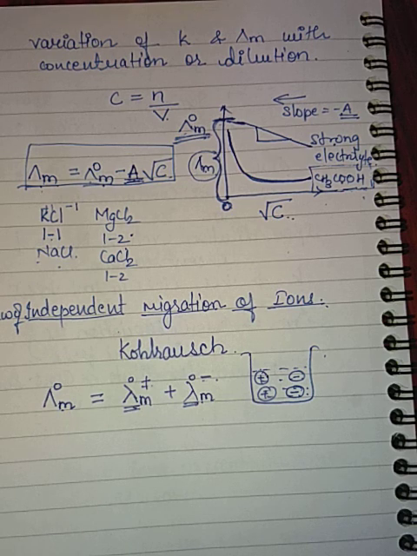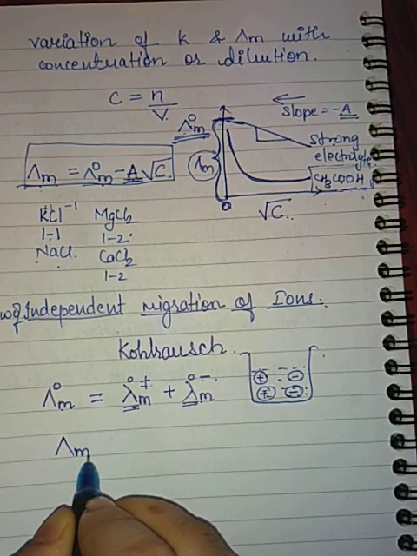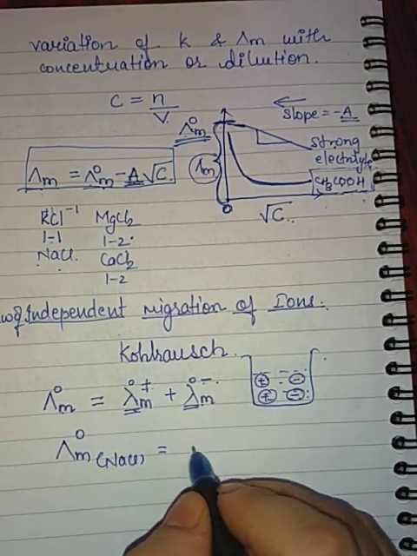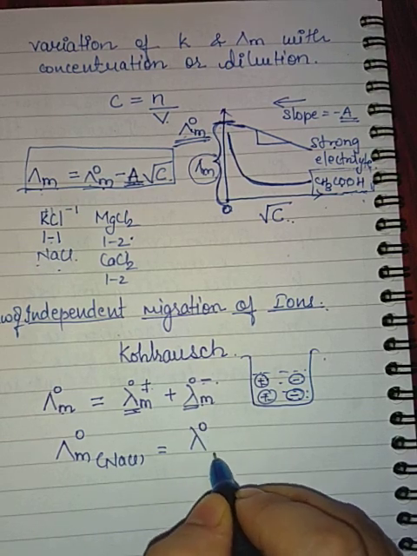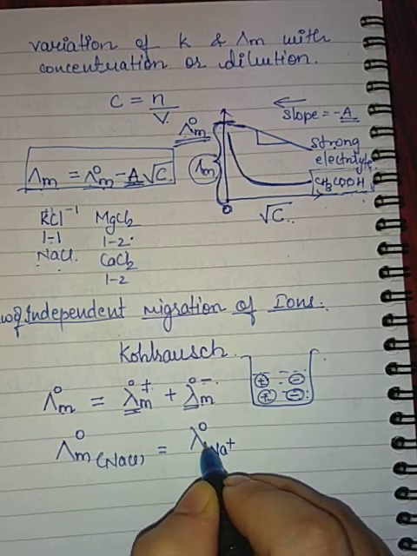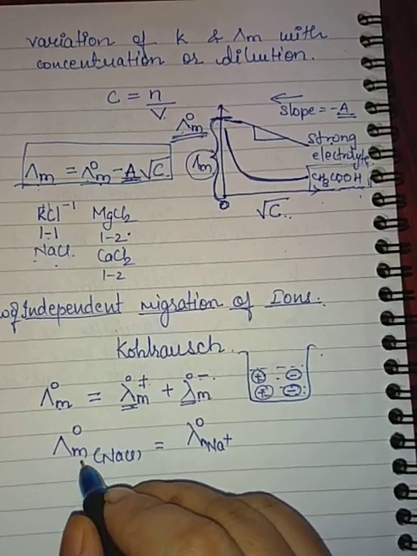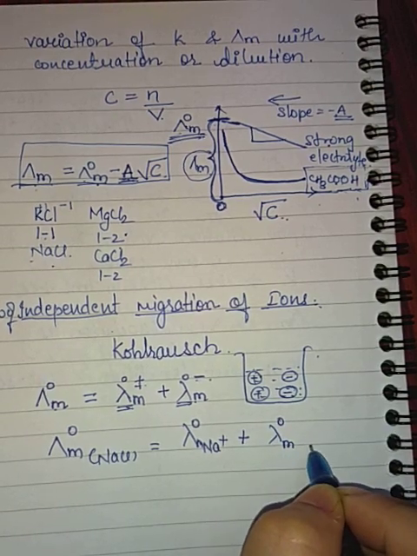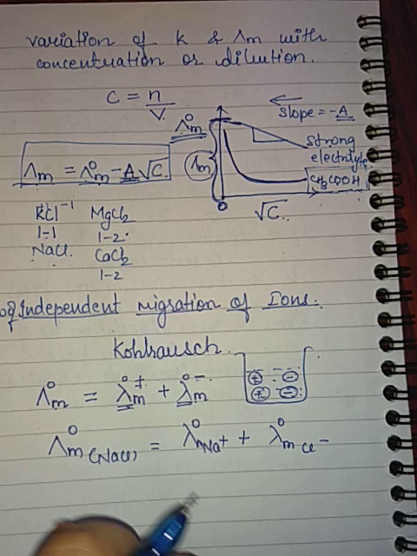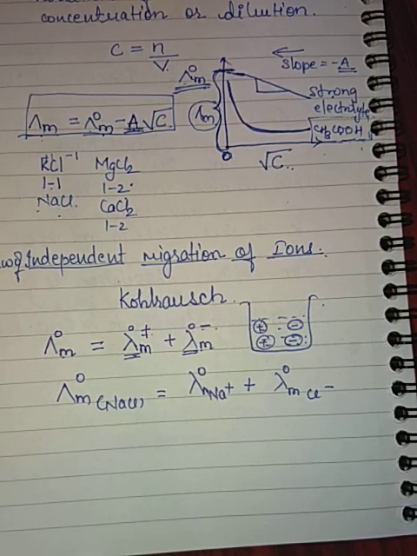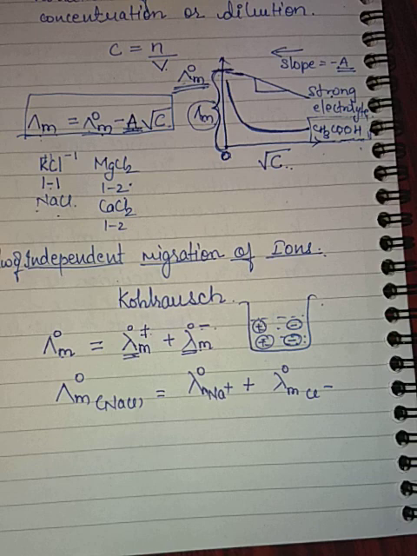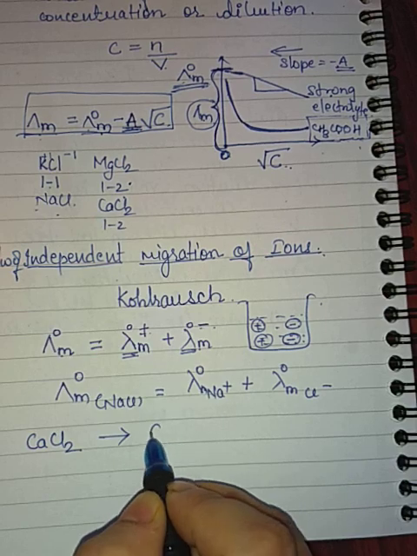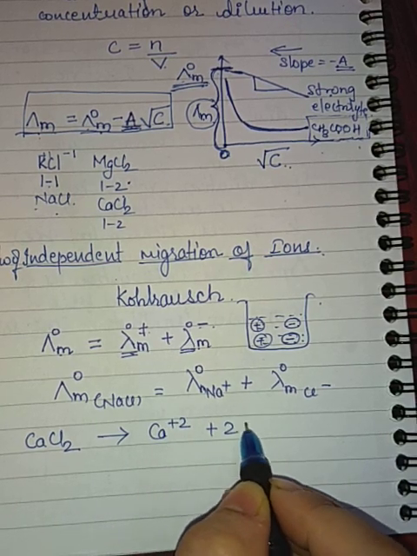Okay. So suppose we are calculating lambda naught m of NaCl. So lambda naught m of NaCl is equal to lambda naught m of Na plus, this is small lambda, this is capital lambda, plus lambda naught m of Cl minus. Similarly, if you take a different electrolyte, suppose CaCl2, CaCl2 is going to produce Ca plus 2 ion and 2 Cl minus ions.